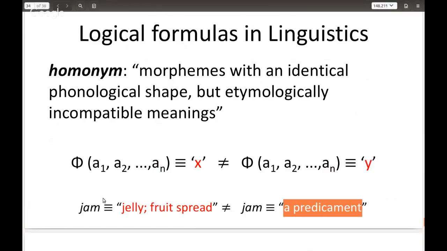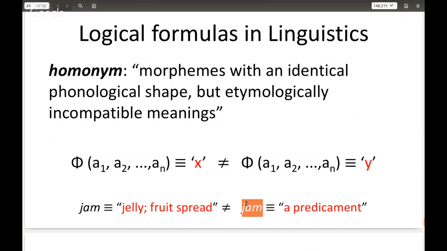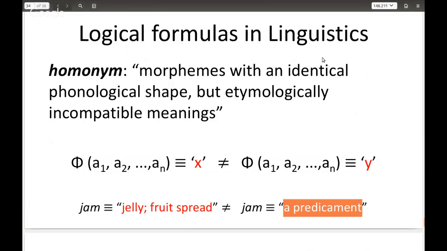And so jam, jelly or fruit spread you put on your bread. But to be in a jam, like a traffic jam, or being in a jam at work, means to be in a predicament, which has more of a negative sense. Or in African American usage, the word jam has to do with the intensity of a song or an experience with music, the spontaneity of it, the rhythmicality of the music and the experience musically.